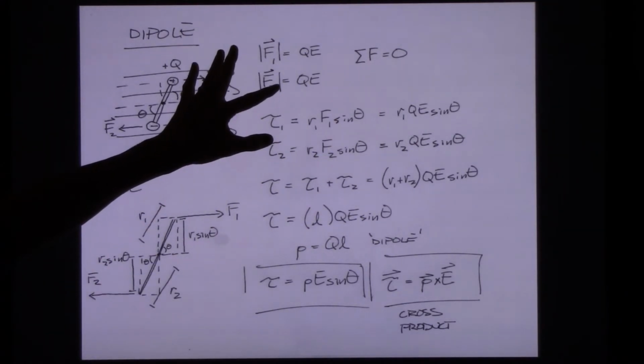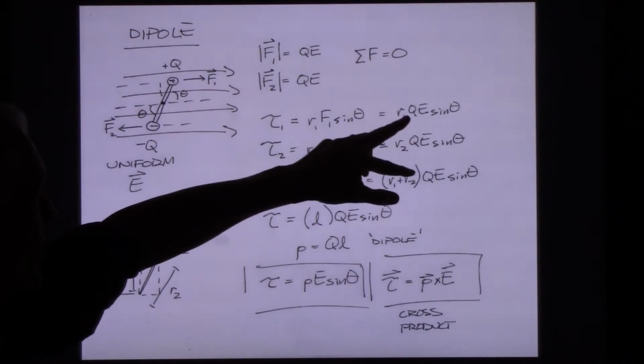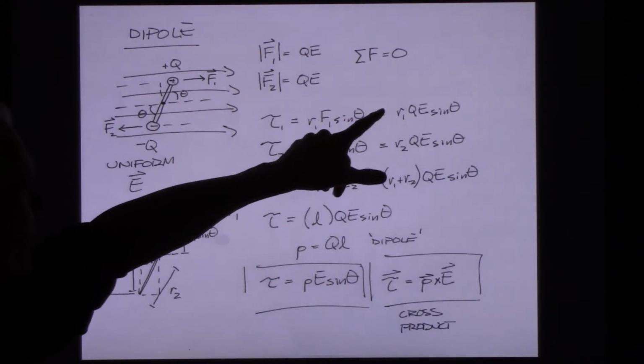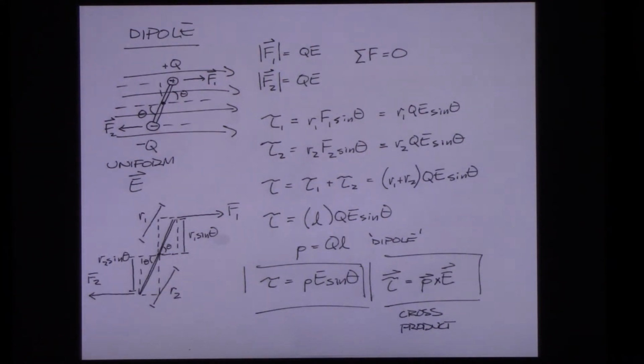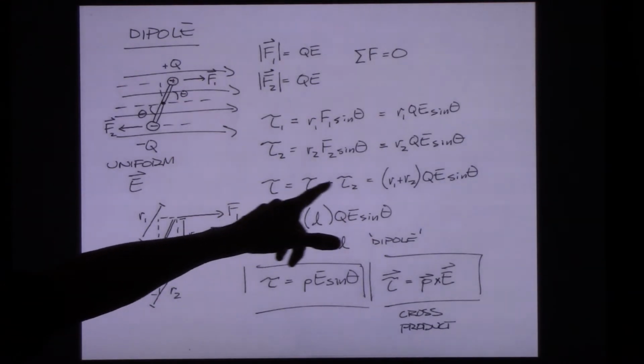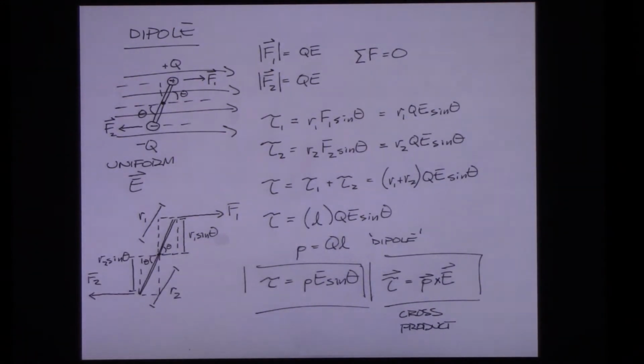The forces are the same, so these can be written as R Q E sine theta. Everything matches except possibly R1 and R2, but we're going to combine those in any case. So these two torques are working together. And what I mean by working together is they're rotating the object in the same direction. So I can add the torques together, and that means that I want to combine R1 and R2.